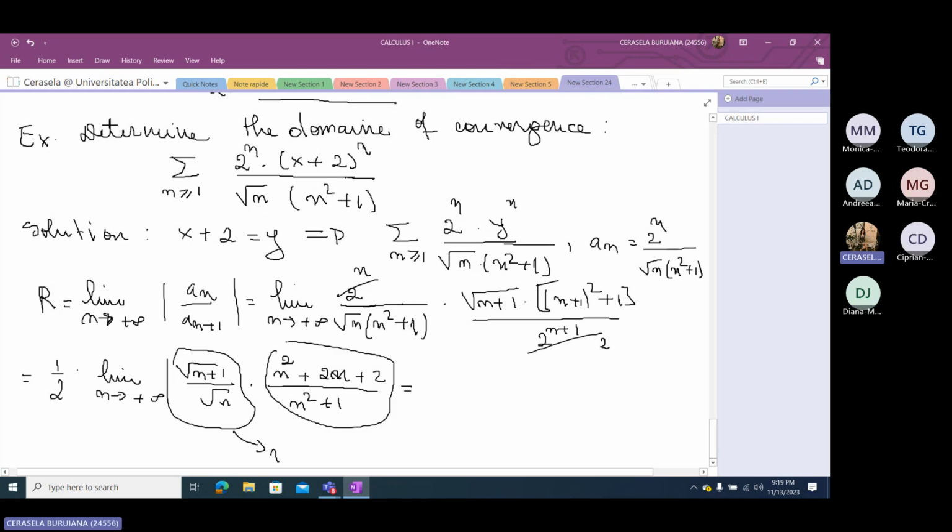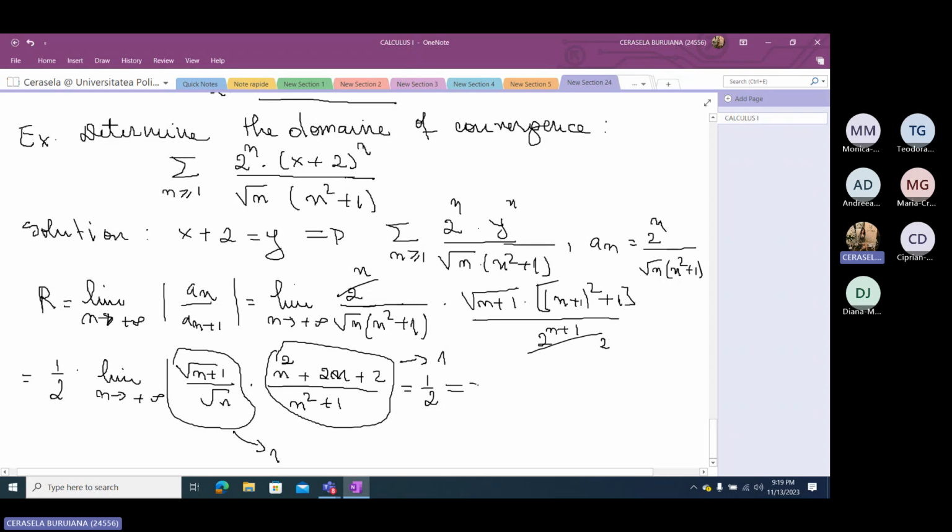Also here, because we have the same degree, we can say directly how much it is: 1. So this limit is 1, but with 1/2 in front, we get 1/2. Now, I see that the radius has a value different from 0 and finite.